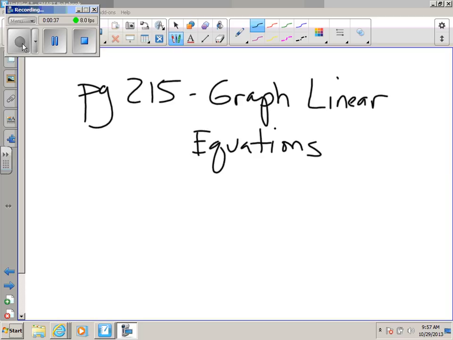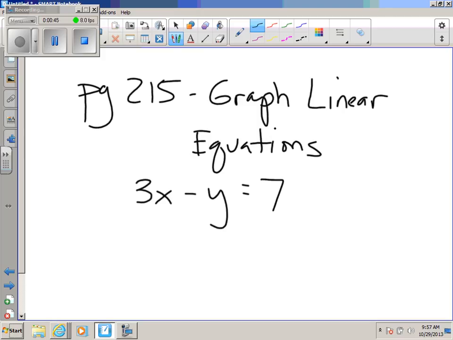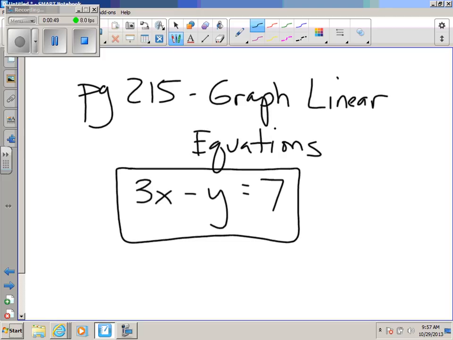Sometimes they'll ask you to test an ordered pair to see if it's a solution. So 3x minus y equals 7 is the equation, and they'll ask which of these ordered pairs is a solution for it. So you would test the ordered pair 3, 4. Does 3, 4 work in here?